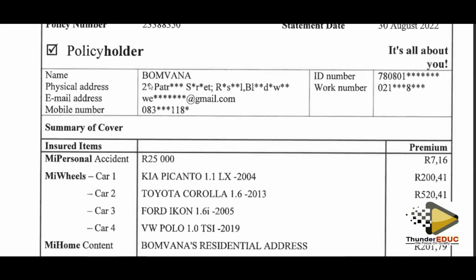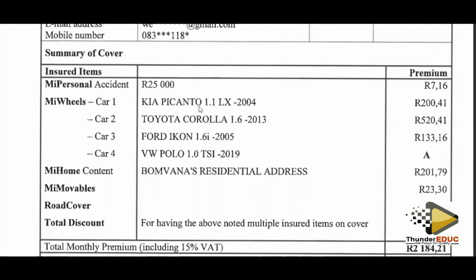They might ask you why they put the asterisks, the stars, around here: to hide the email address for privacy. All right, there we go. These are the items the person covered, and these are the premiums. Premiums are the monthly amounts one pays per month. That's a premium towards insurance.